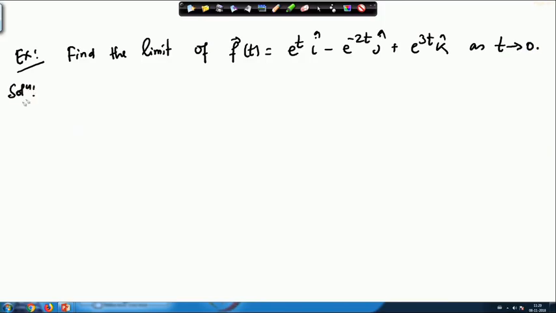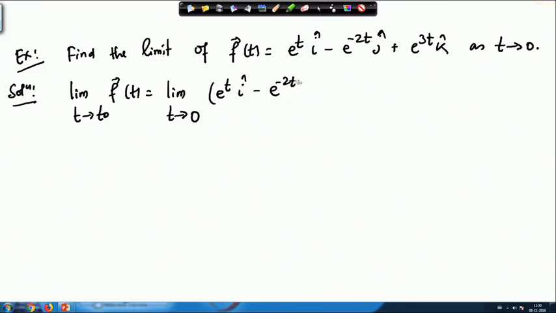So, the solution: limit as t goes to t0, where t0 is 0, of f(t) is e to the power t i minus e to the power minus 2t j plus e to the power 3t k. Now we will pass the limits in individual functions.